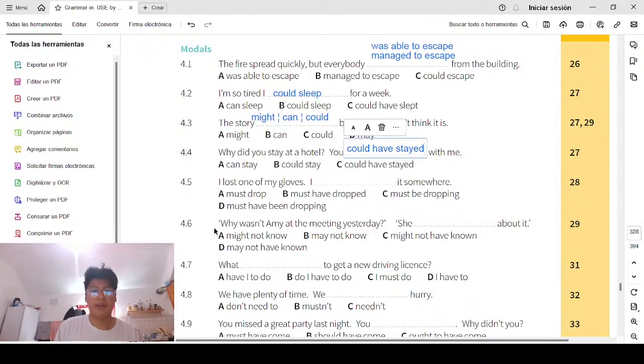Next one. 4.5. I lost one of my clothes. Hmm. I must have dropped it somewhere.